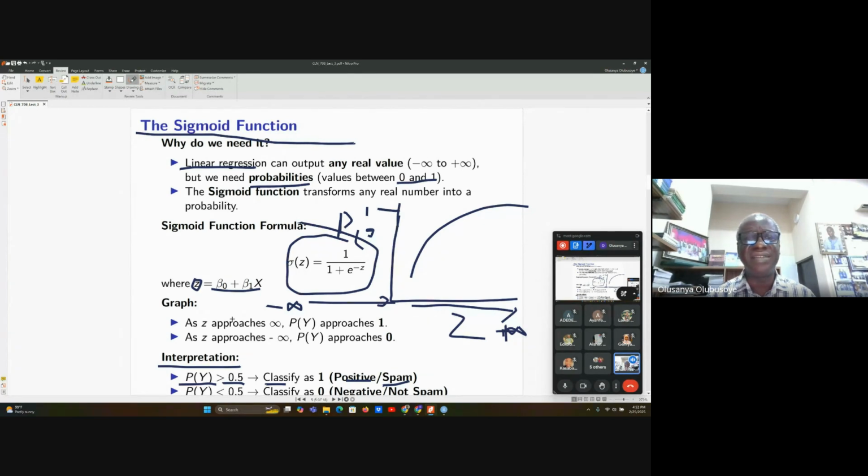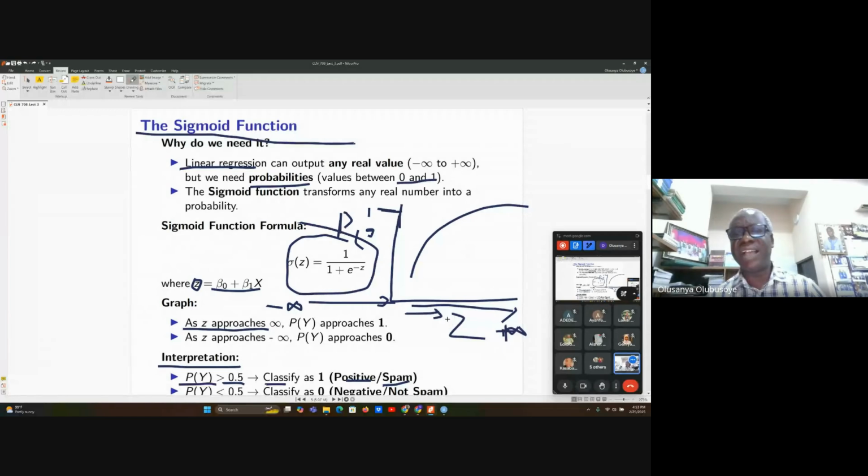But as the Z increases, which is what you see here, as the Z is moving towards the positive infinity, you will know that this curve is moving towards 1. The curve is not going to exceed 1. That's the point. It's not even, in most cases, it won't touch 1.